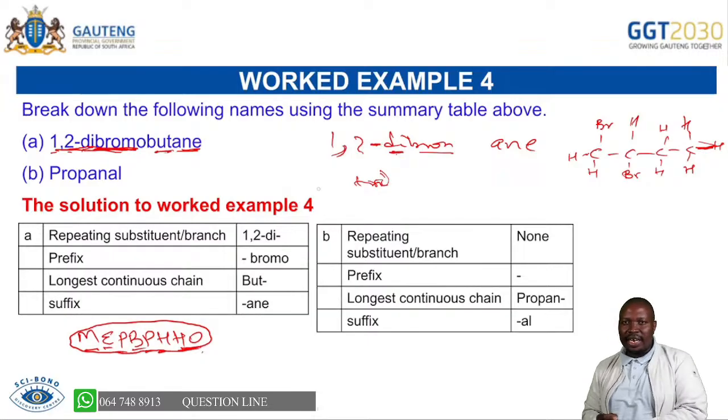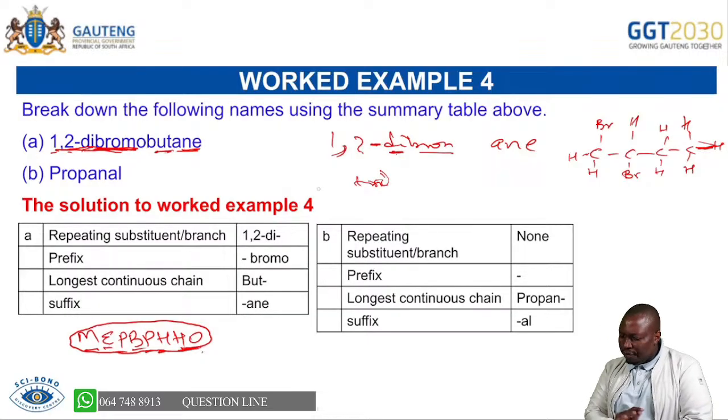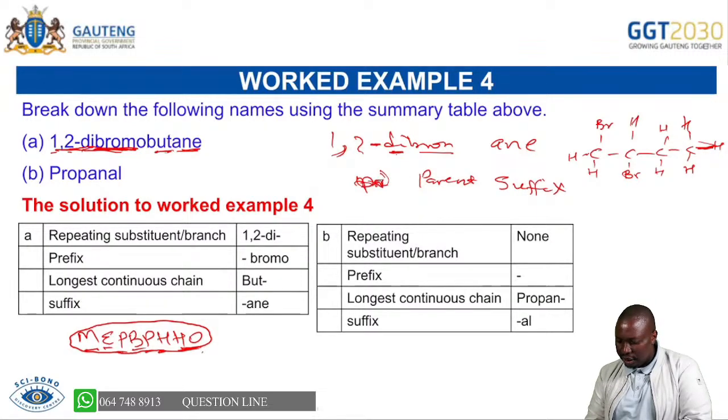Now, as we move again to number B, you will follow the same route. We always start from the suffix, the functional group, then the parent, which is the root, the longest carbon chain, to the prefix, which is the substituents.